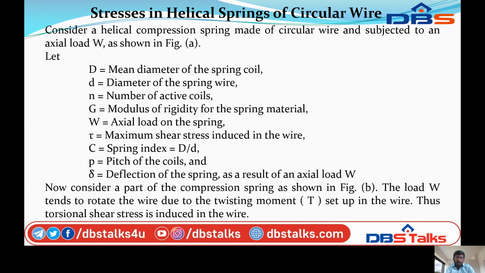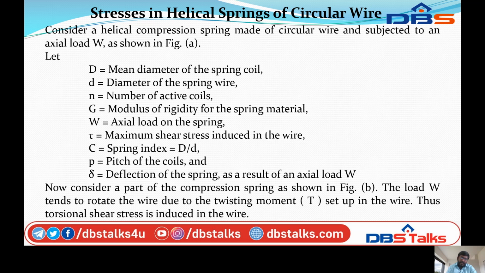W is the axial load on the spring. Tau is the maximum shear stress induced in the wire. C is the spring index, equal to capital D by small d. P is the pitch of the coil, and delta is the deflection of the spring as a result of an axial load W.